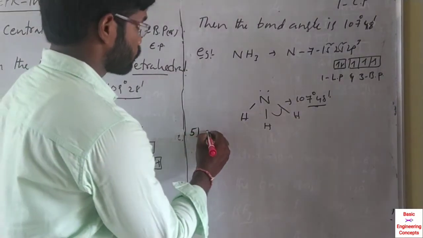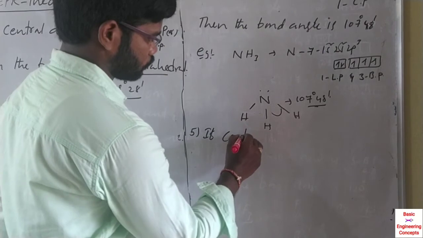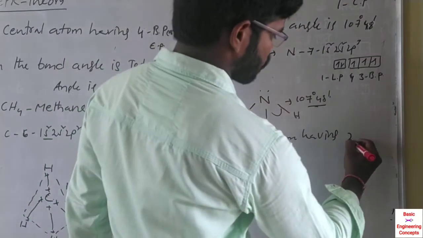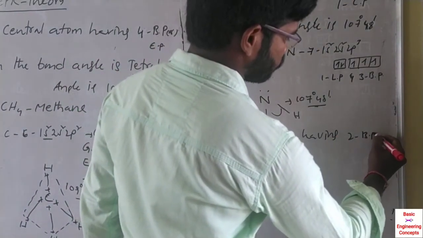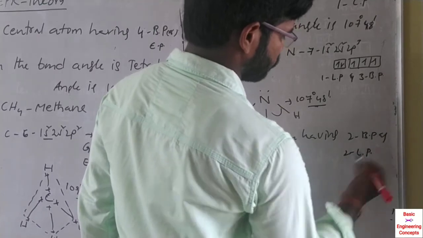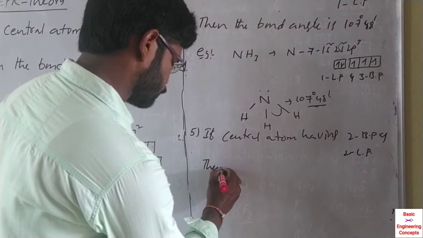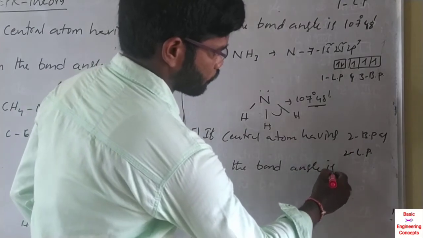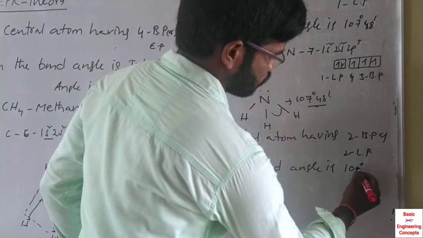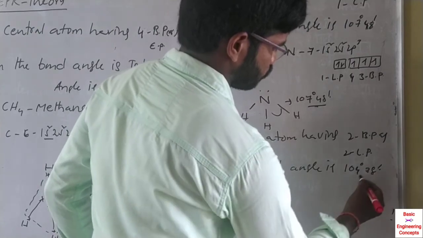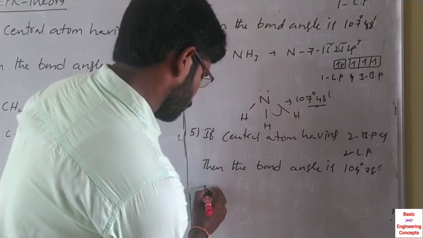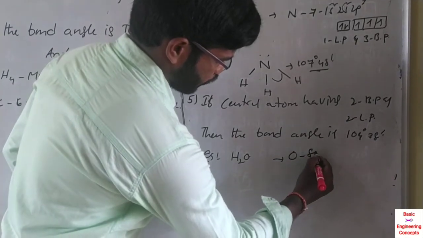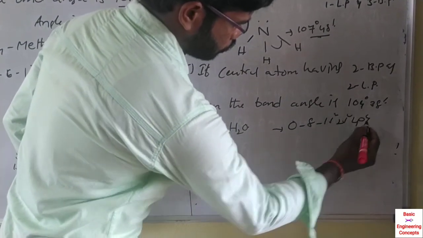Fifth one: if the central atom has 2 bond pairs and 2 lone pairs, then the bond angle is 104 degrees 31 minutes. Example, H2O. Oxygen is 8, 1s2 2s2 2p4.